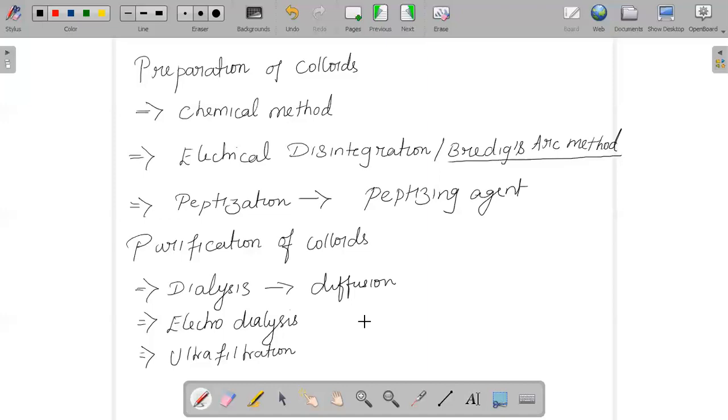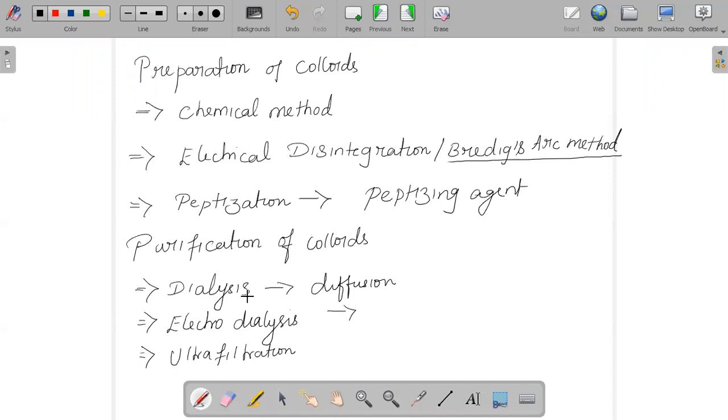And the other method which we are using is called electrodialysis. Basically, dialysis is a slow process, and this process can be sped up by applying an electric field to metal electrodes.